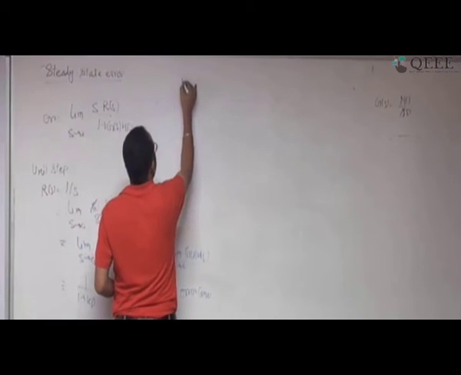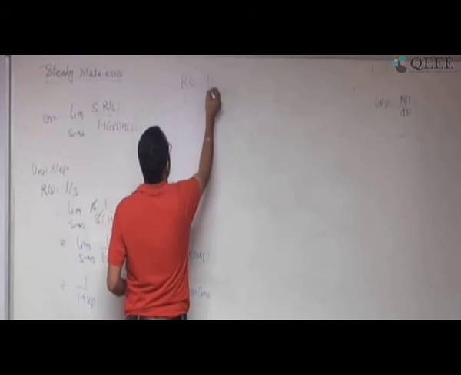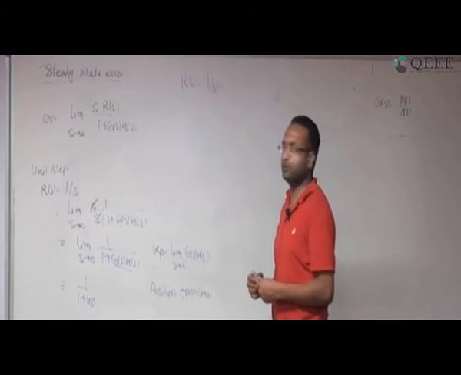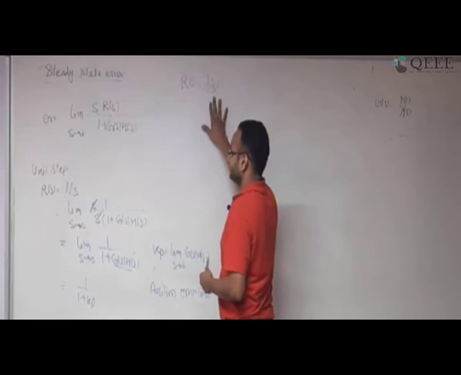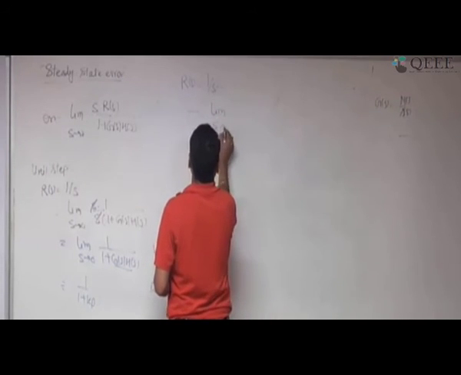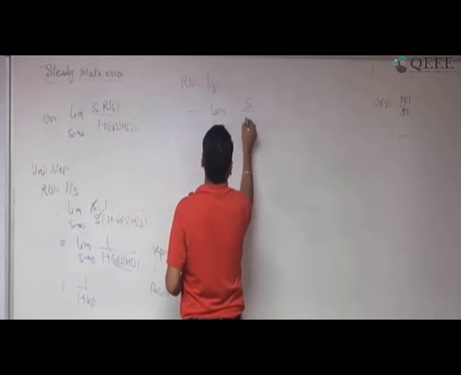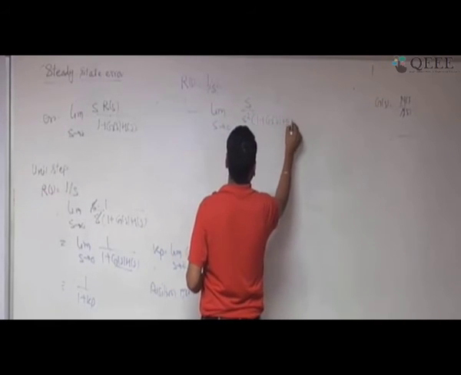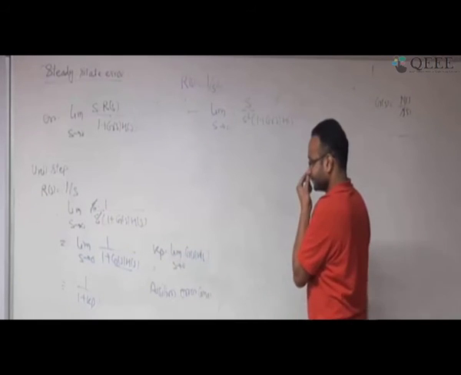Now, if you take an input as a unit ramp, the Laplace transform of the unit ramp is going to be 1 by s square. So what will happen in this case? Limit s tends to 0, s divided by s square times 1 plus G(s)H(s). This part is clear.